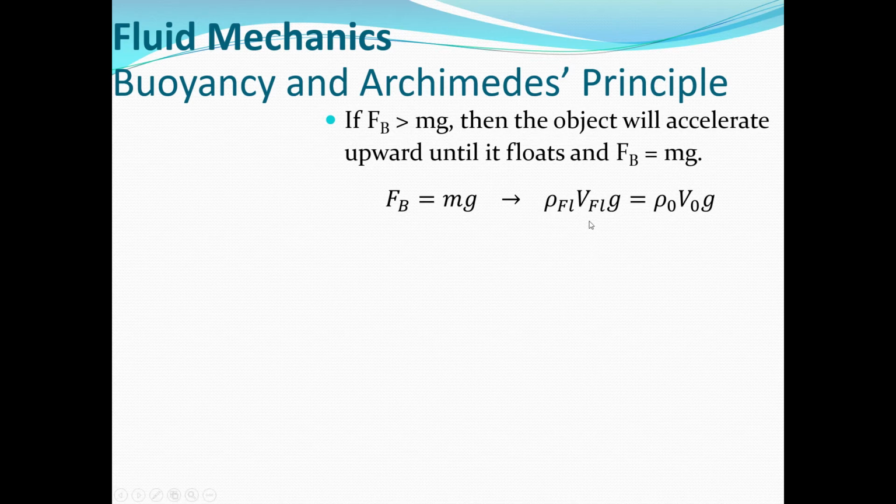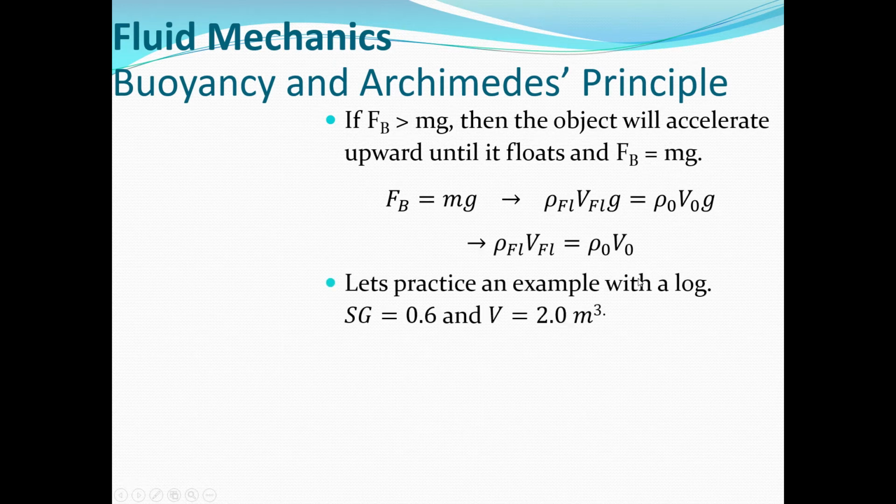So that means we end up getting a situation like this: rho v g of the fluid is equal to rho v g of the material, or rho v equals rho v, since the value of g is the same. So this gives us a really cool way of figuring out how much an object will float when it's submerged in water.